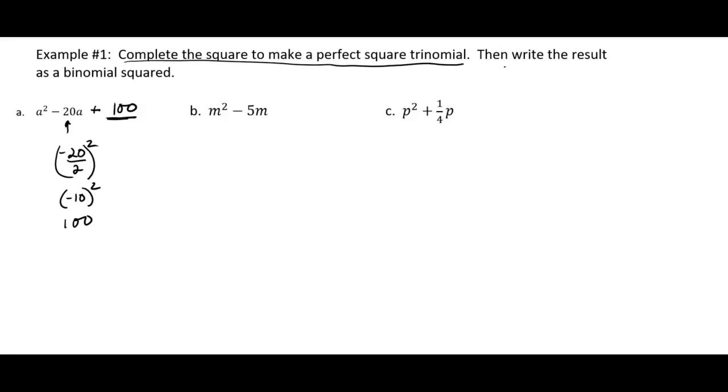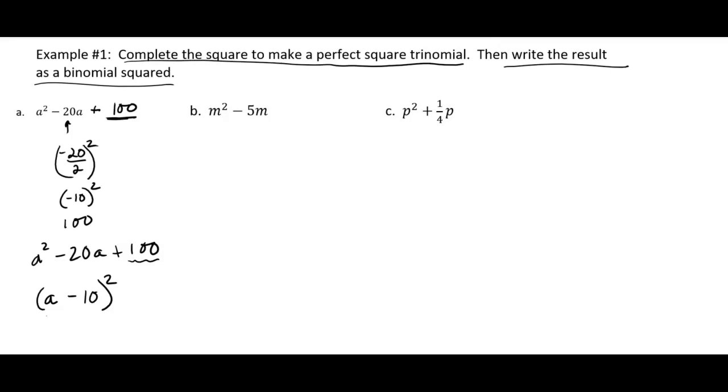Now it says write the result as a binomial squared. So now we have a squared minus 20a plus 100. And how do we write that? It's going to be a minus, and the number that you found is the b. So it's minus 10. Another way you could think of it is, what's the square root of 100? 10. Okay, and that will work. You can do the smiley face thing to check it.